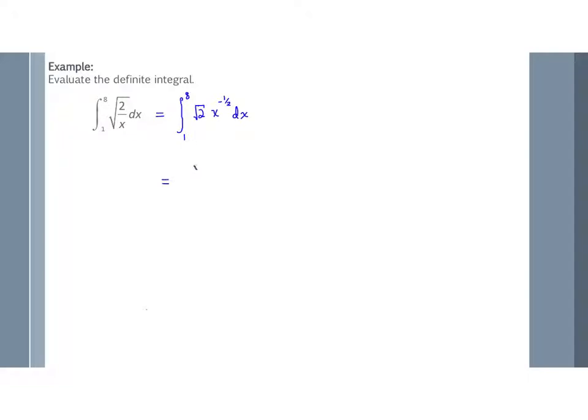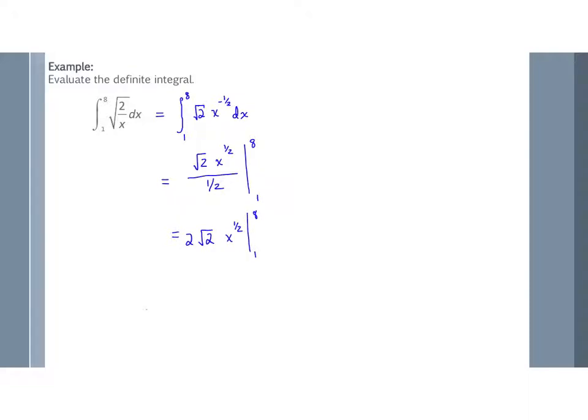So raise the power on x and divide by that new power. So this is going to be 2 square roots of 2 x to the 1/2 evaluated from 1 to 8.